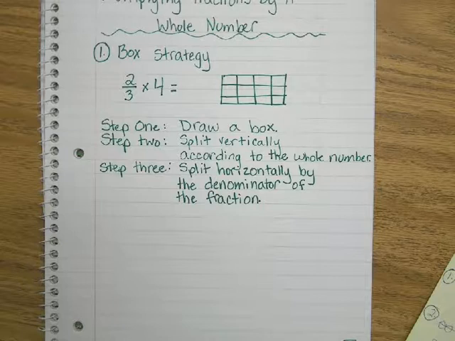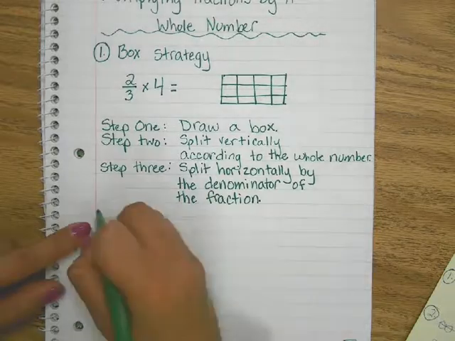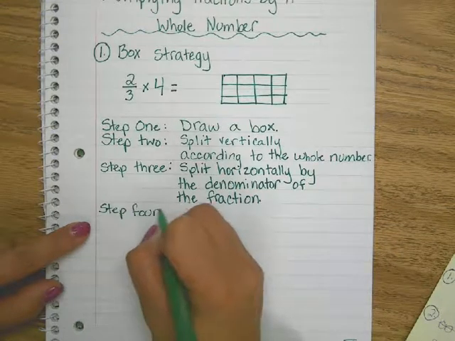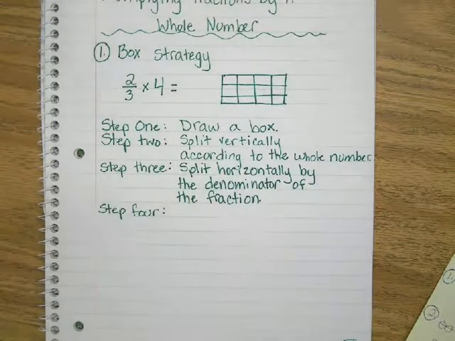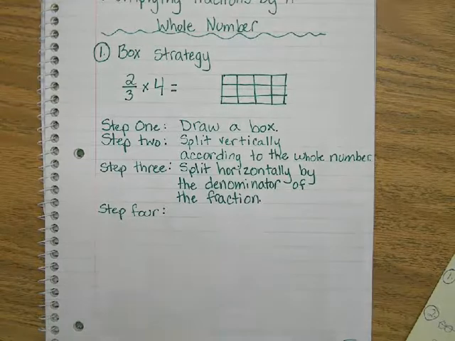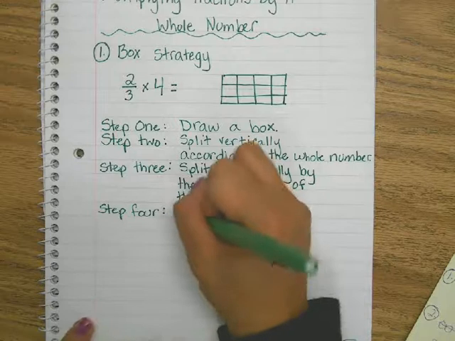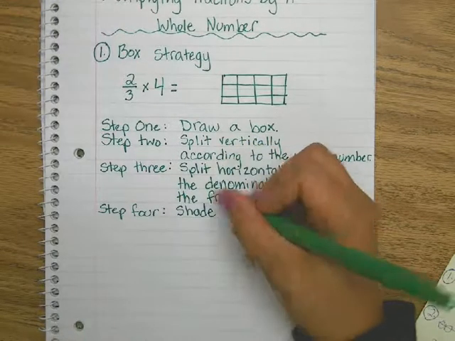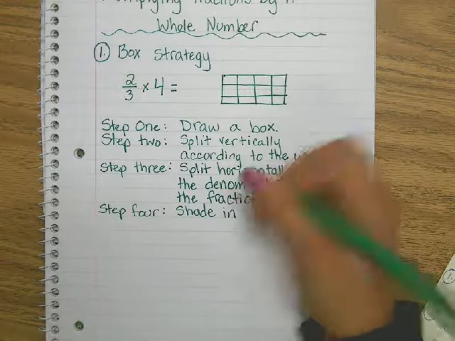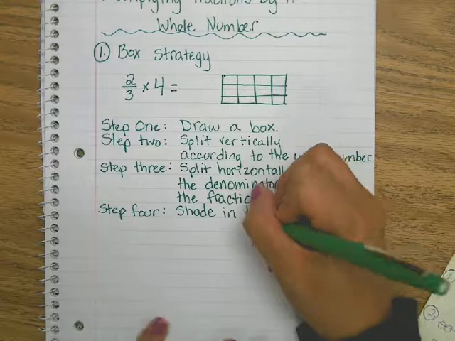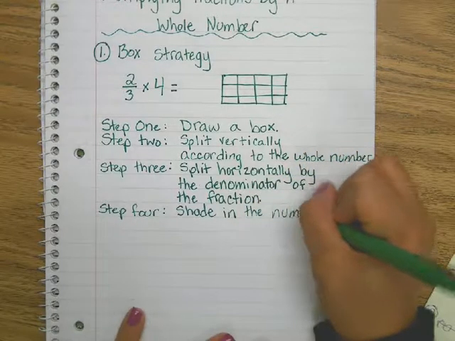What is step 4? Oscar. You shade in the number according to the numerator.